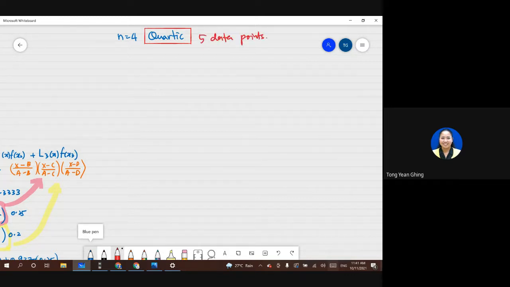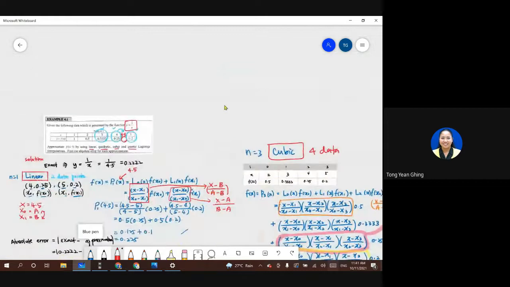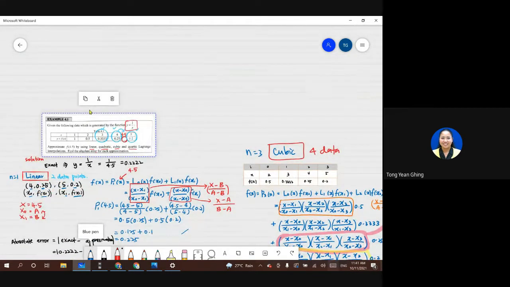So we will use all the data points that are given, basically. So 1, 2, 3, 4, 5. So all of these data points.